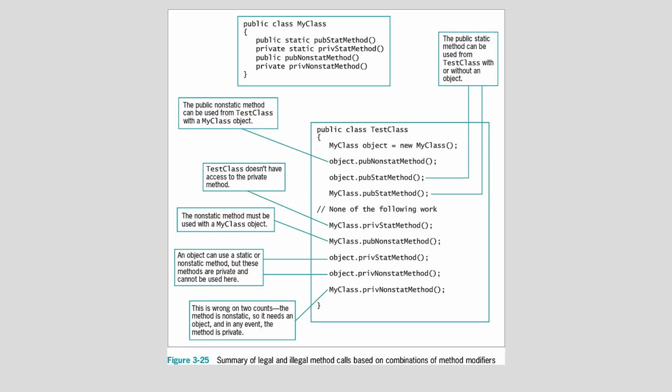Now, we have a figure which shows a summary of legal and illegal method calls based on combinations of method modifiers. Now let's try to evaluate. In this one, object.pubNonStatMethod, in which object is the concrete name of my class.